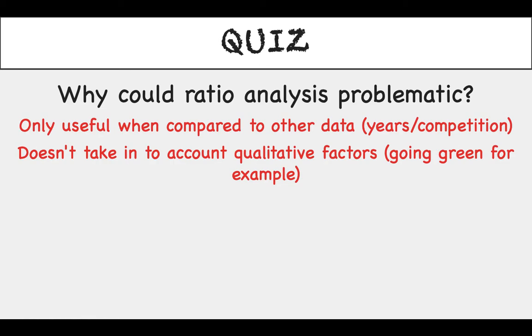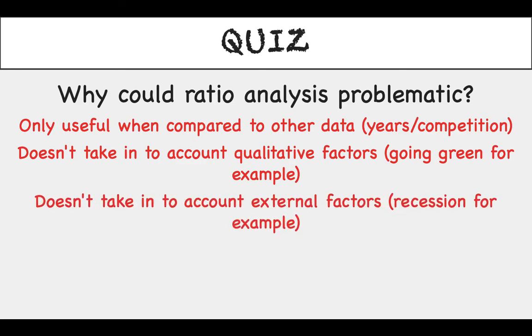So maybe it's okay if liquidity is a little bit low and margins have fallen if they've just done a major strategy of taking over a competitor, okay, or entering a new market or releasing a new product range. Then in the short term, a dip in these numbers might be okay, but just looking at the numbers doesn't take that into account.